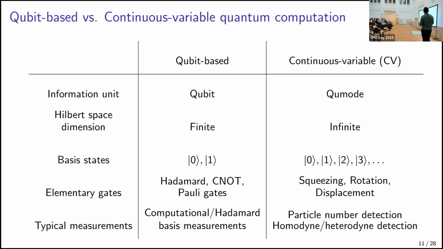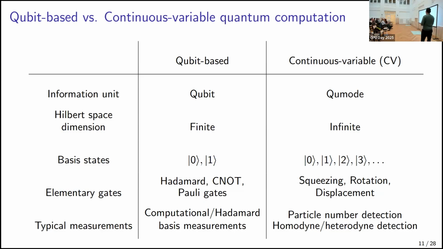What is continuous variable quantum computing compared to qubit-based quantum computing? In qubit-based, you have qubits. In continuous variable, or CV, systems, you have Q modes. I think Peter Kovács already talked about photonic systems. This is exactly the same thing I'm talking about.